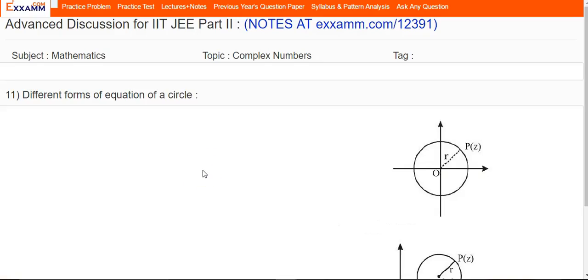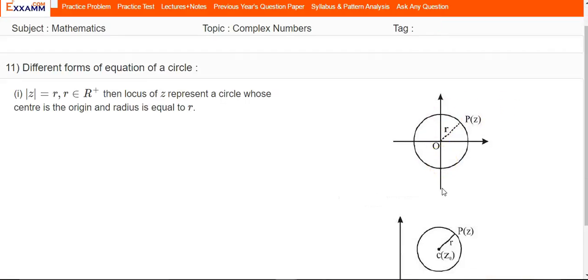Now this first equation is obviously of the circle with the origin as its center. In this case the equation would be modulus of z is equal to r, because for all points on this circle the distance is z minus 0, so its modulus is modulus of z minus 0, that is modulus of z, and this is constant because it is the radius of the circle.